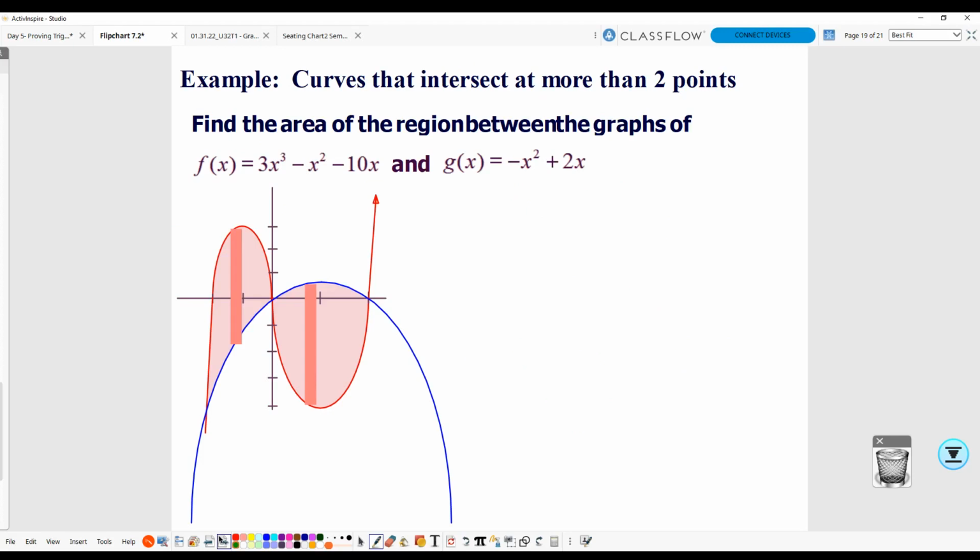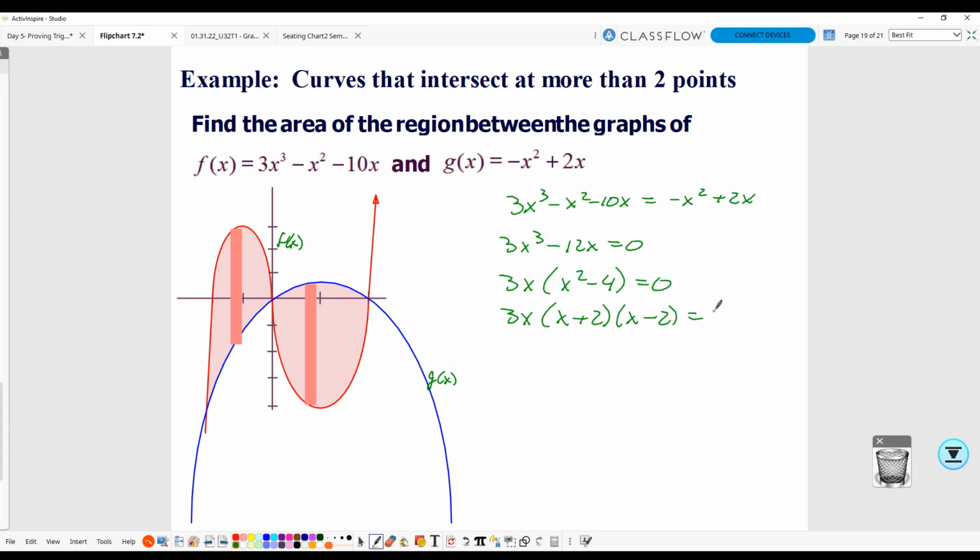The last example, this I would do top minus bottom. Which curve is on the top, which curve is on the bottom, depends on where you are. This one, the blue one is g of x. The red one is f of x. Where are they equal? They are equal when x is 0, when x is positive 2, and when x is negative 2.